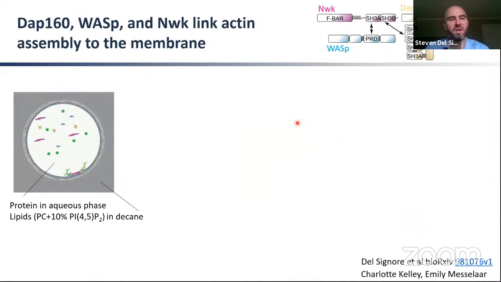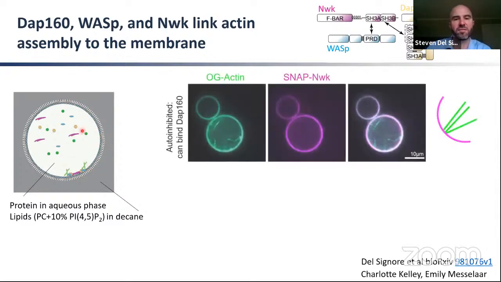And so then we can visualize this directly. So this is just one more in vitro experiment, taking the proteins in an aqueous buffer, and this is floating in a sea of lipid. And so there's a membrane lipid interface here right at the boundary. And then we can ask what happens to these different nervous rec variants.